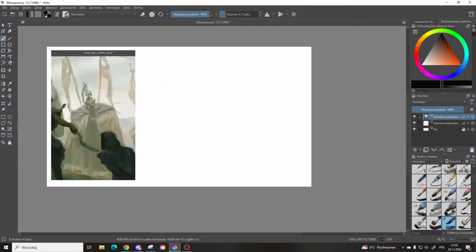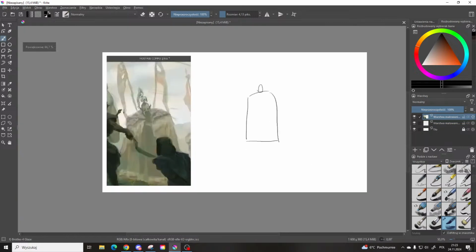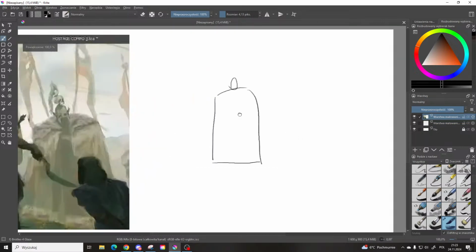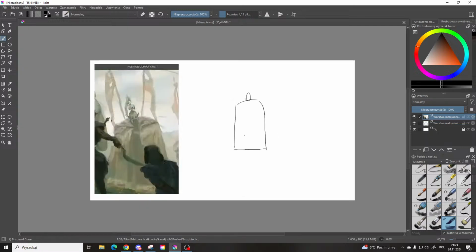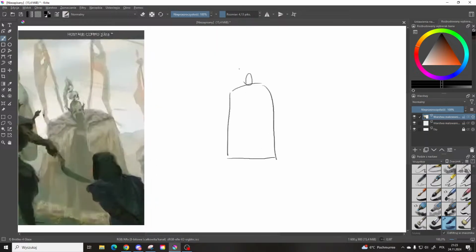So with the biggest shape, I would like to go for something like him being this giant rectangle with a small head, because it gives me the feeling of him being this monumental rock, an important person.